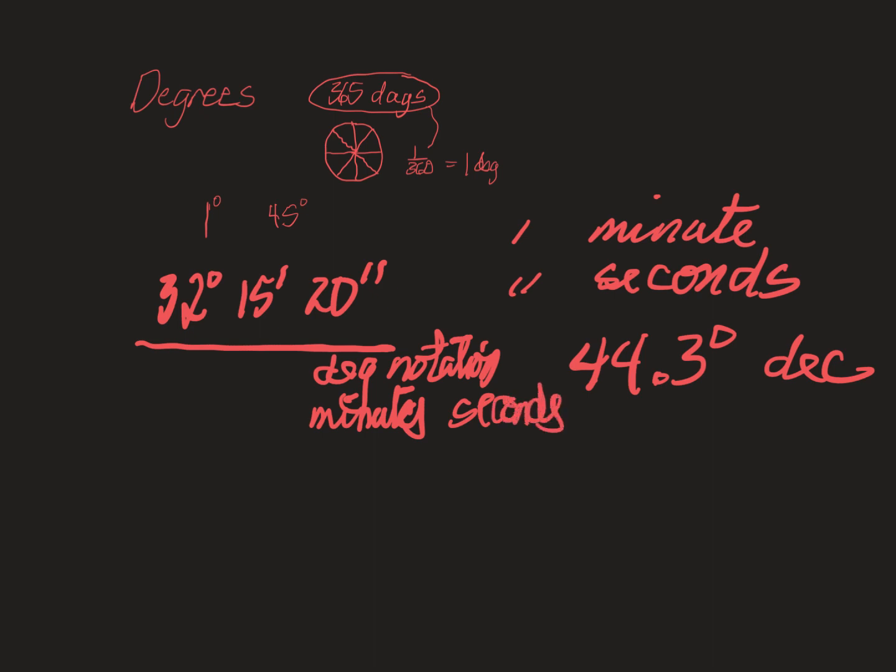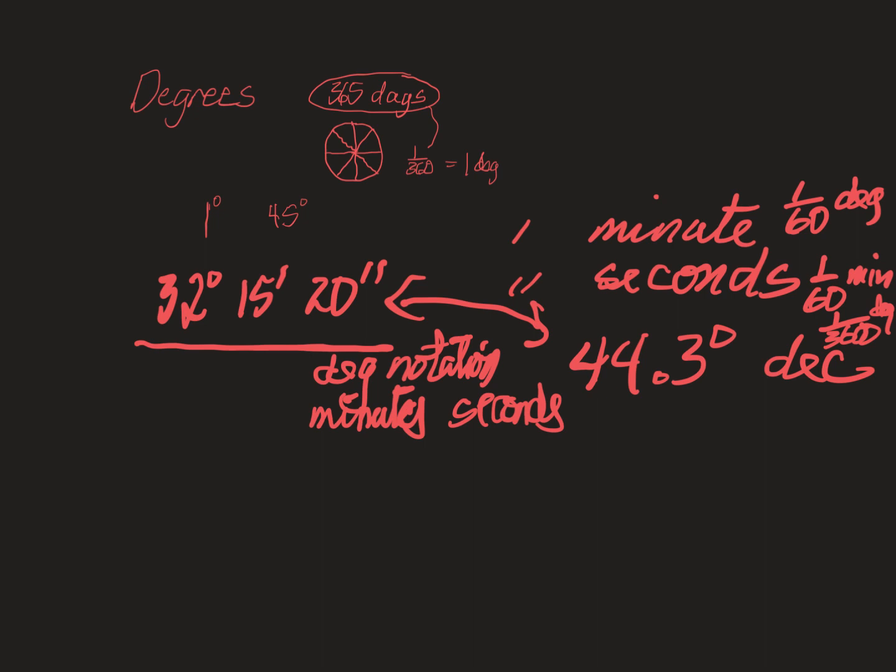And so what we want to be able to do is equate those things together. And so a minute is 1/60th of a degree. And a second is 1/60th of a minute, which means it's 1/3600 of a degree, or 60 times 60. Okay? So, degrees. This is sort of the general format.